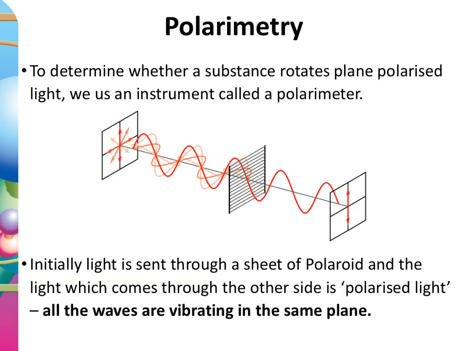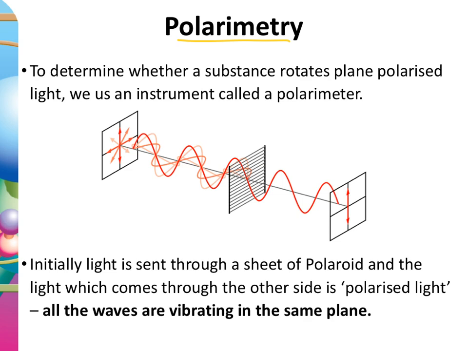Okay, so what do we mean by plane polarized light? Well, we're looking at a technique called polarimetry, and if we're going to discover whether a substance can rotate plane polarized light, then we need to use an instrument called a polarimeter. Our little diagram here is going to help us understand what we mean by plane polarized light.